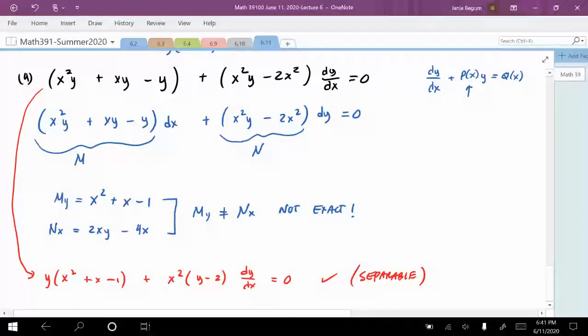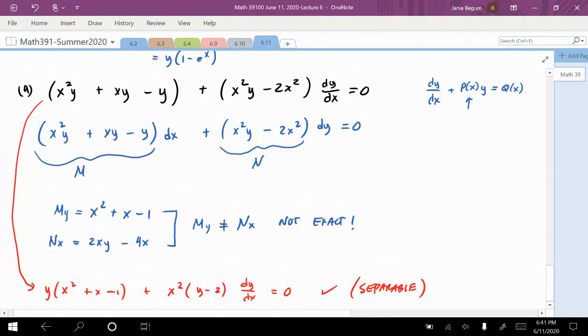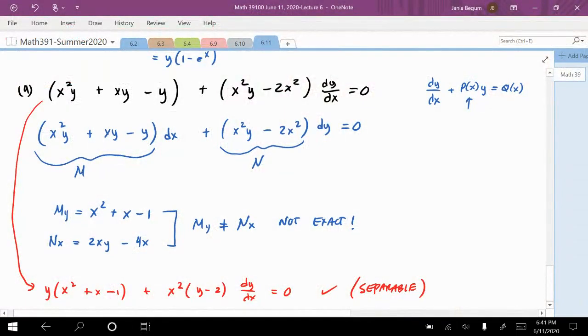Okay, any questions on this? All right, pretty good. Yeah, this happens to be separable. So just stare at them for extra seconds, I guess. Then the equation will tell you which method to proceed with.